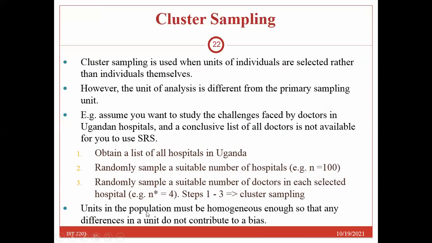Okay, so the units in the population must be homogeneous enough so that any difference in the unit does not contribute to a bias. Again, homogeneous meaning the same representational characteristic.